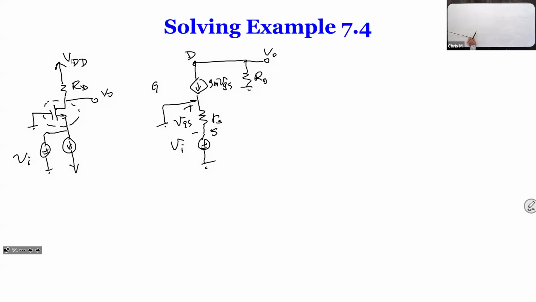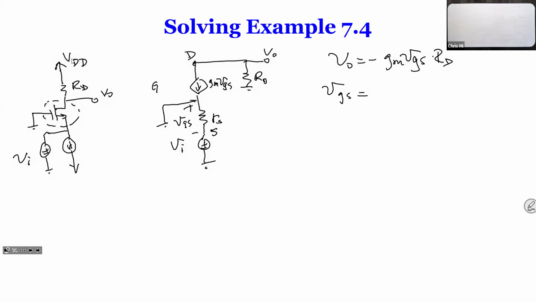If we find VGS, we can find GM times VGS, the current, and then we can find VO. So you can start writing VO equal to minus GM times VGS times RD, that's our output voltage. But you need to calculate GM, of course, and we also need to find VGS.